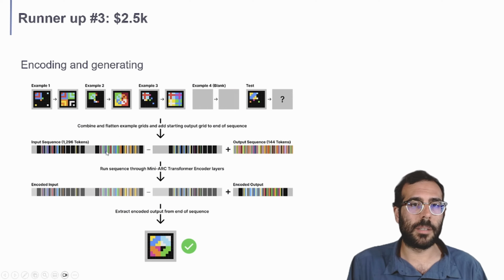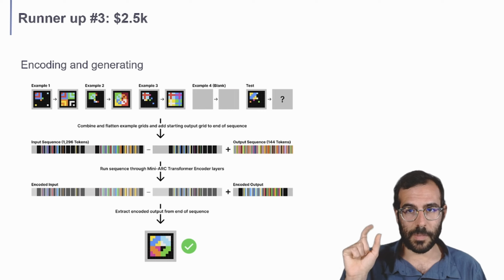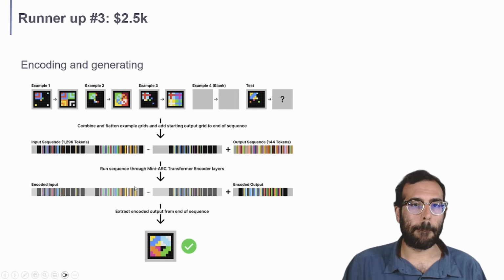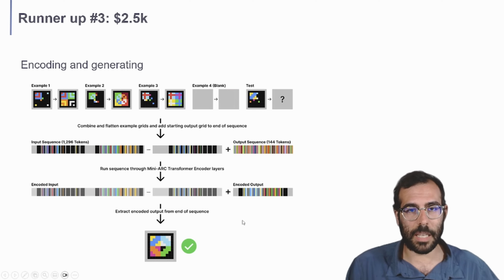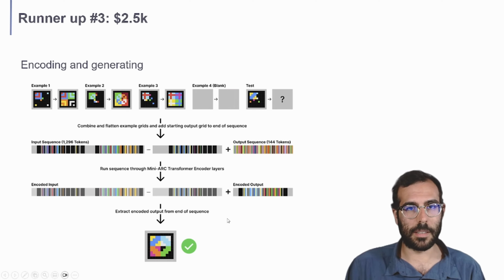This is a plot from the paper that shows how the system does the encoding, and then how the transformer model does the generation. So you get the examples, then you combine them and flatten them with this tailored encoding system. And then you run the sequence through the encoder layers, and then you get this output that you can decode and get to the actual guess that the model makes for that task.